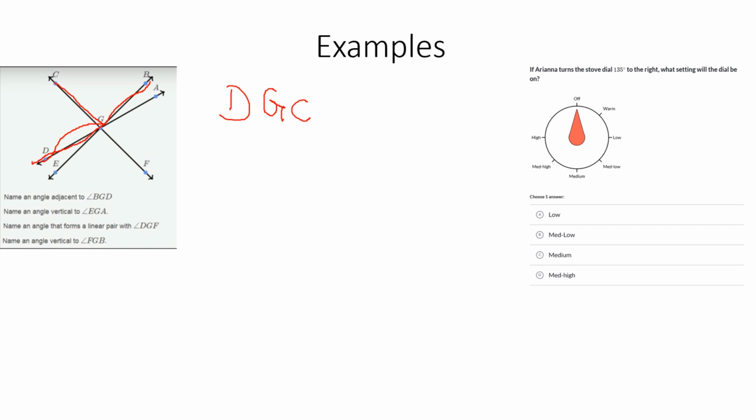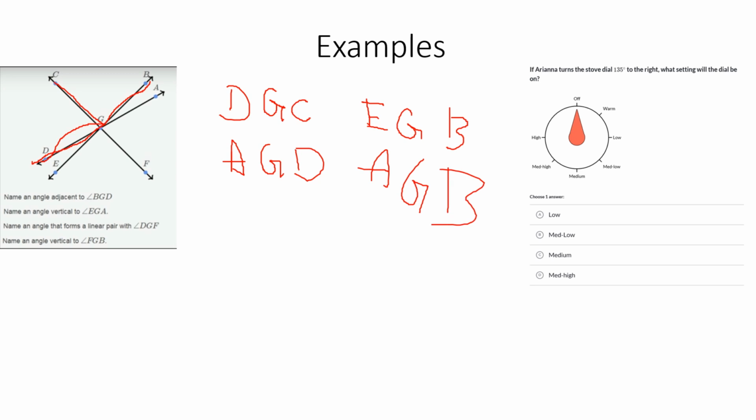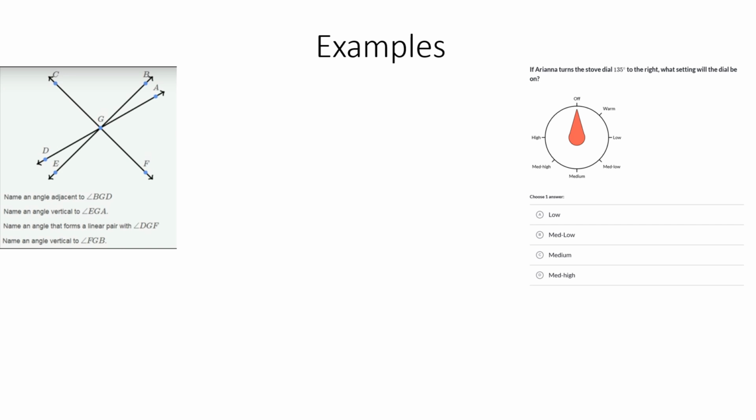We also have EGF, GB, and AGD. Wait, sorry, my bad, that was not a G. GB. There are probably three more in there. So there are a bunch of adjacent angles in this one.